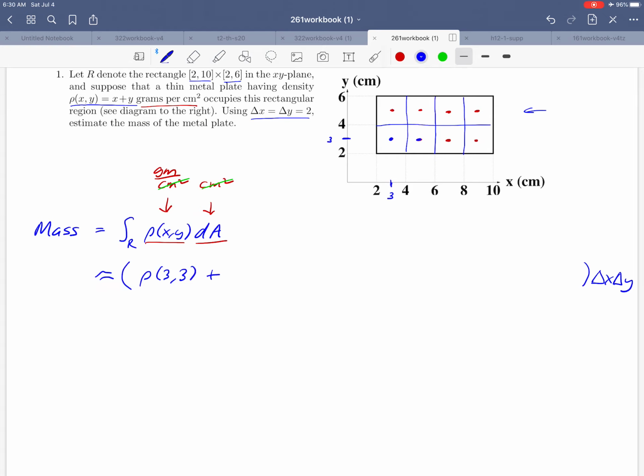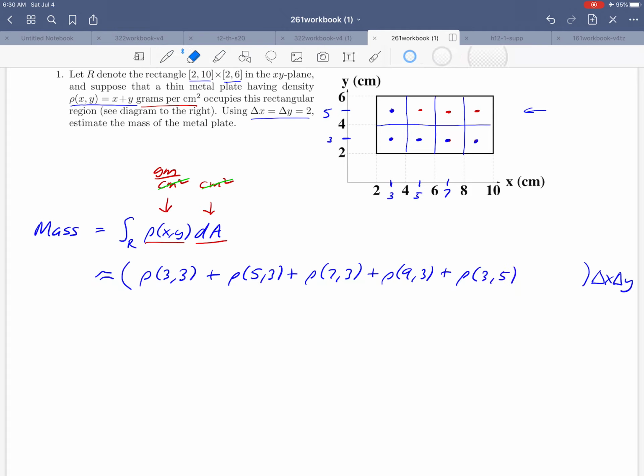Moving over to the square to the right, that occurs at an x value of 5 and a y value of 3, so it would be the density at 5, 3. Then moving over one to the right, now we're at an x value of 7, so we'd be talking about the density at 7, 3, and you can see a pattern here. Then rho of 9, 3. Then we move up here, and that has an x value of 3 and a y value of 5, so rho of 3, 5.